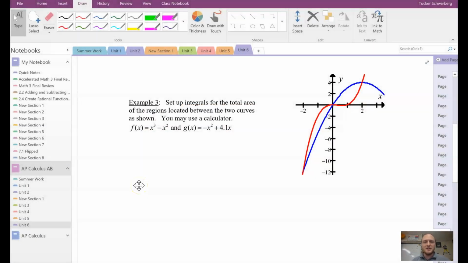Here they want us to set up integrals for the total area of the regions located between the two curves as shown. We may use a calculator, which means you should use a calculator, and we have the two functions. So what they want here is this area between the two curves.